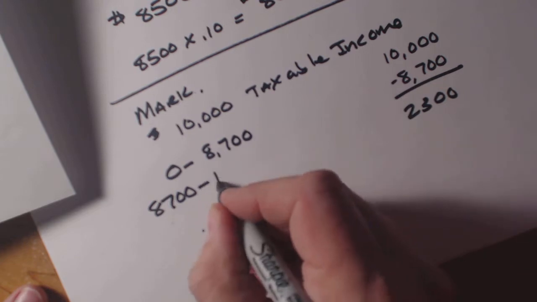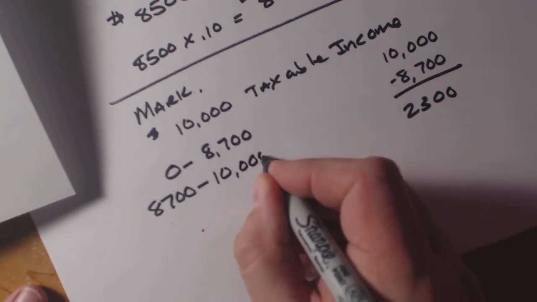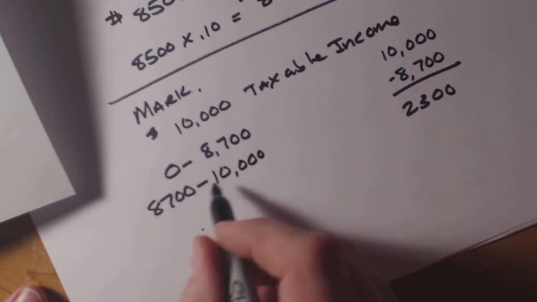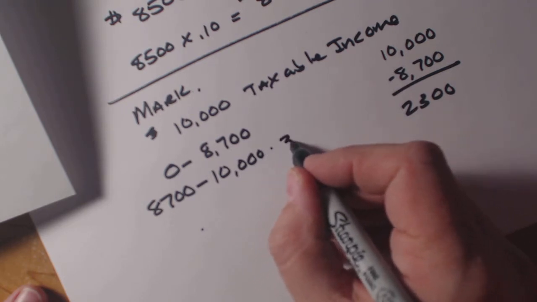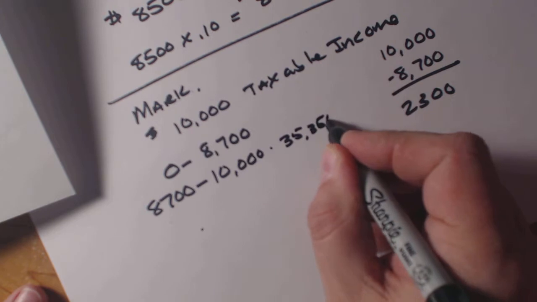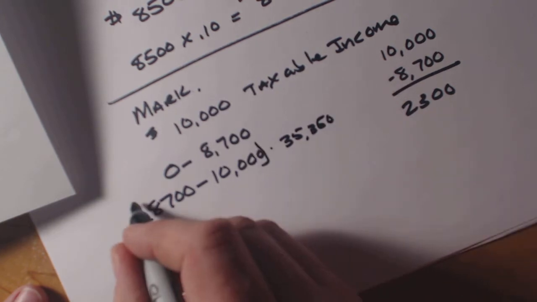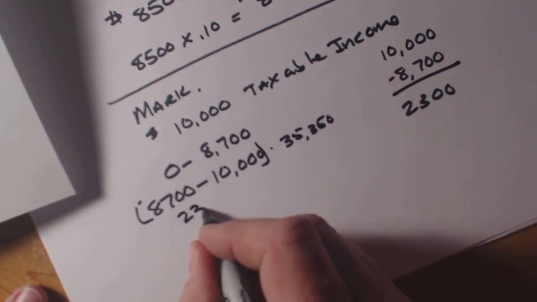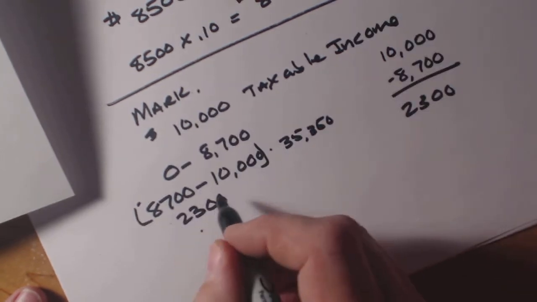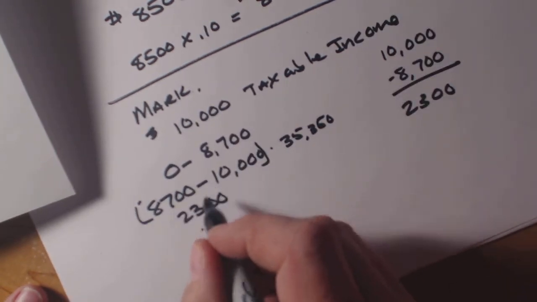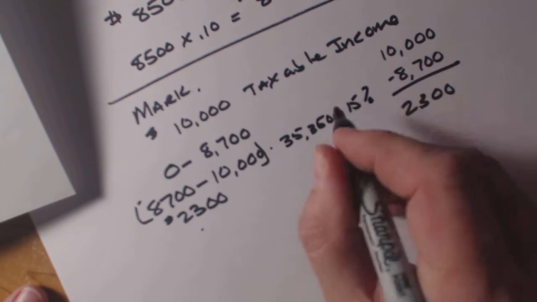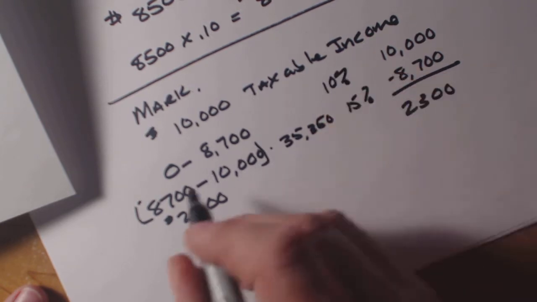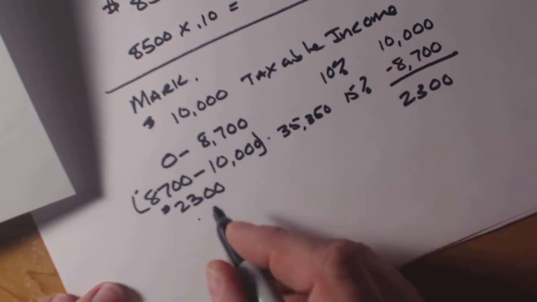Now the far end of this bracket is 35,350, but we stop at 10,000. So in this category, I can only tax $2,300 at 15%. I can tax the full 8,700 at 10%.